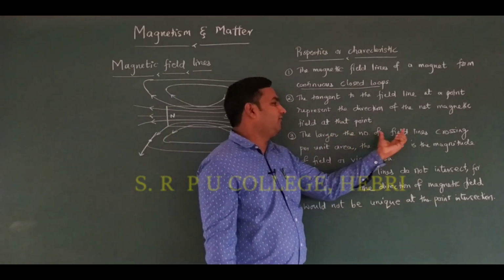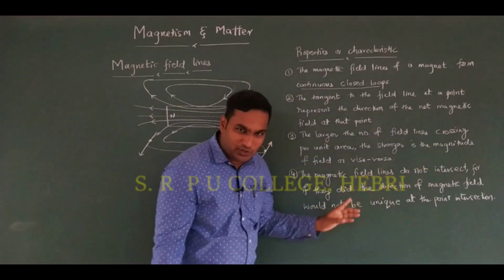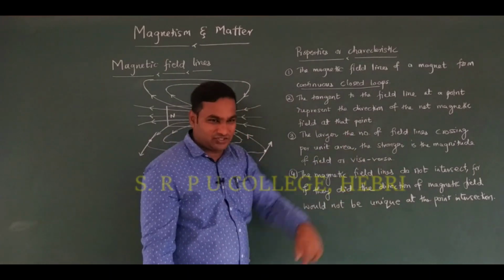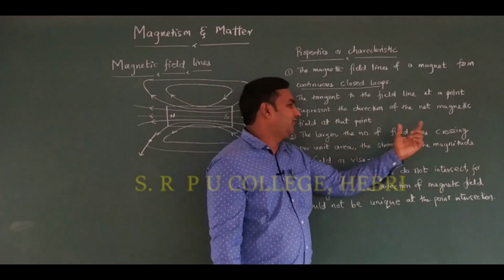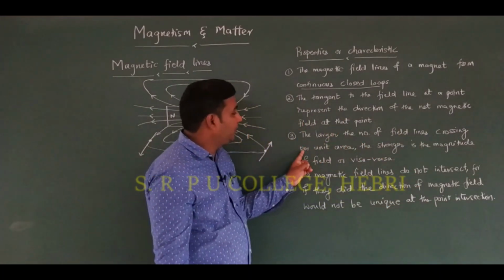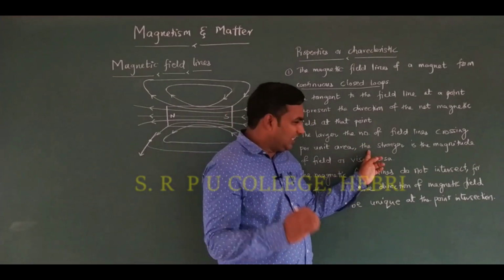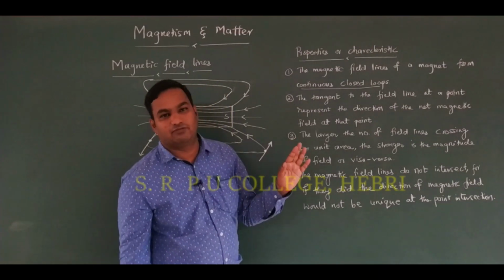Larger the number of field lines crossing per unit area, the stronger is the magnitude of the magnetic field. Vice versa, the lesser the number of field lines crossing per unit area, the weaker is the magnitude of the magnetic field.